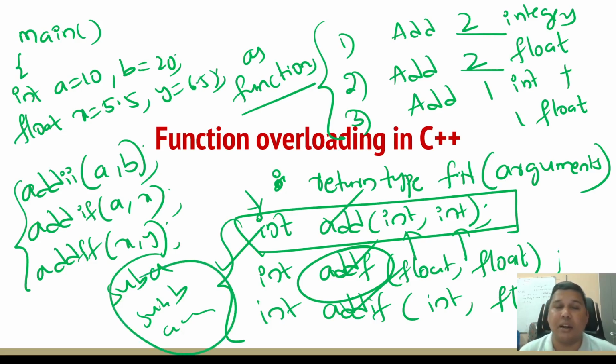Suddenly in that very big program of 1000 or 10,000 lines of code, it is very difficult for you to identify what this sub b means, which function, I don't know. What this sub a means, which function, I don't know, right? Because you may be confused when you have multiple functions which look like the same name.